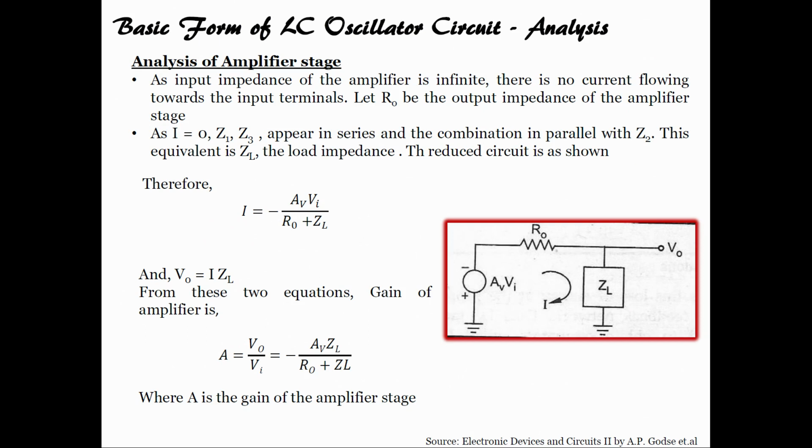what we get is I equals minus AV Vi upon RO plus ZL, and using the equation, the gain of the amplifier VO by Vi equals AV ZL upon RO plus ZL, where A is the gain of the amplifier stage.